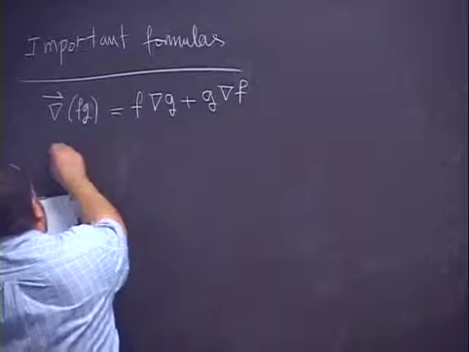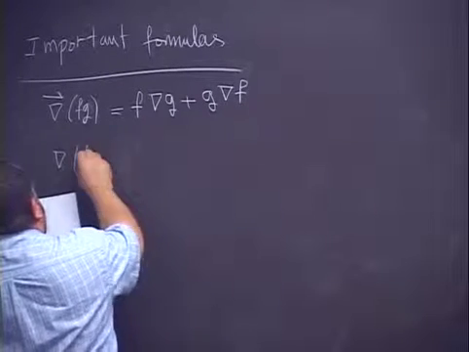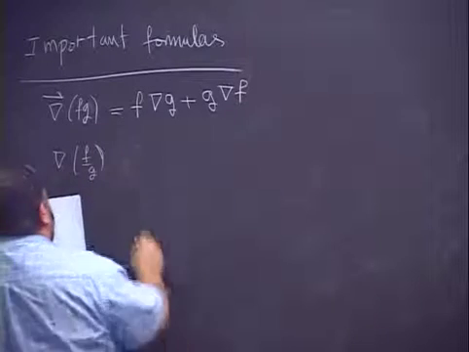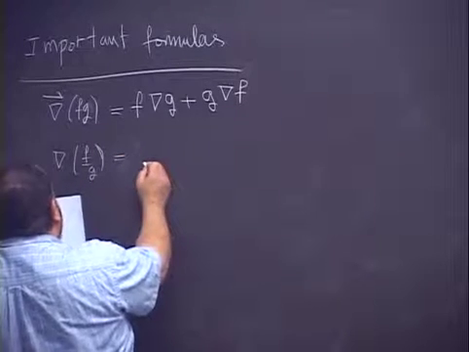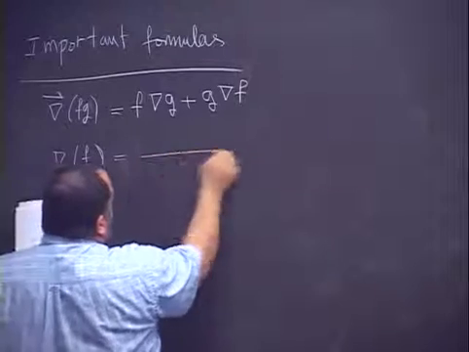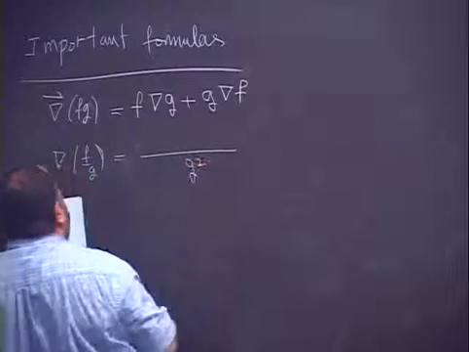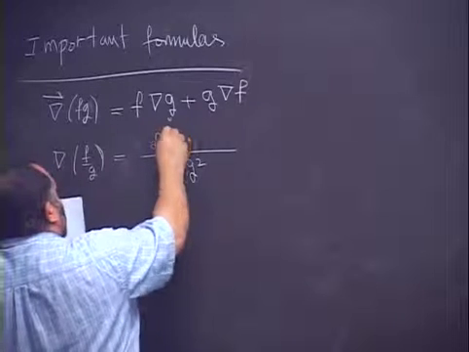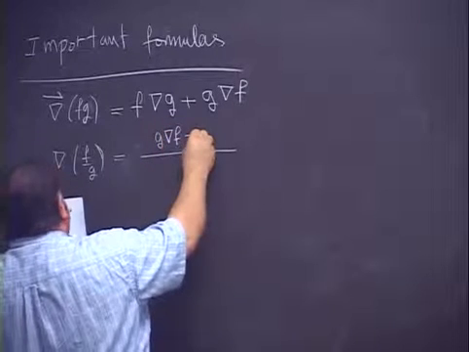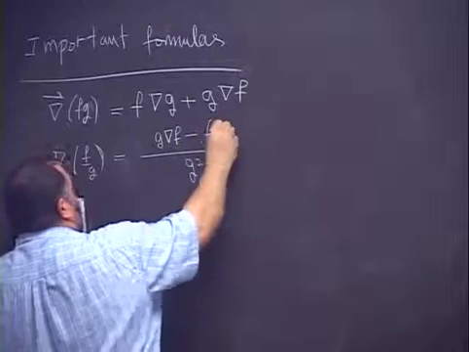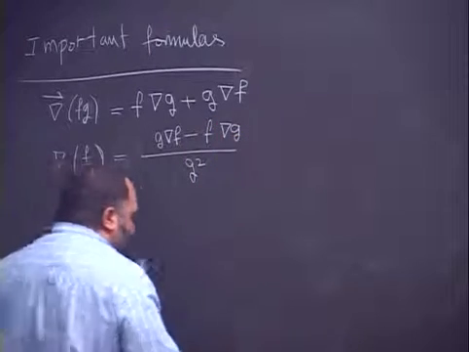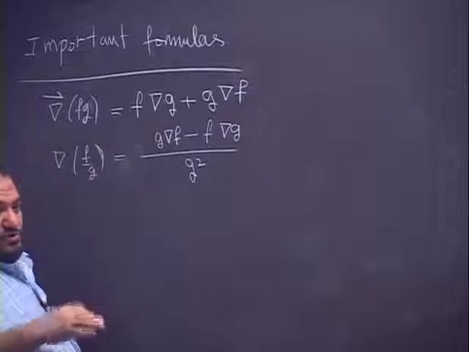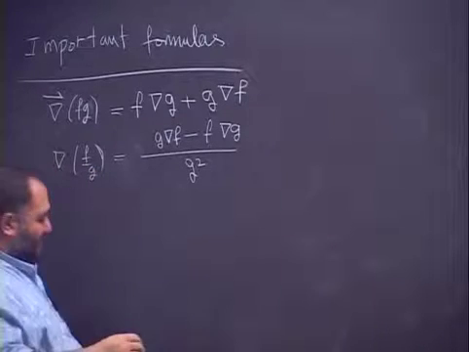If you have a division instead, f over g, this will give you 1 over g squared, then the denominator multiplied by the differentiation of the numerator minus the numerator multiplied by the differentiation of the denominator. So it's exactly the same as the differentiation rules for multiplication or division of functions.